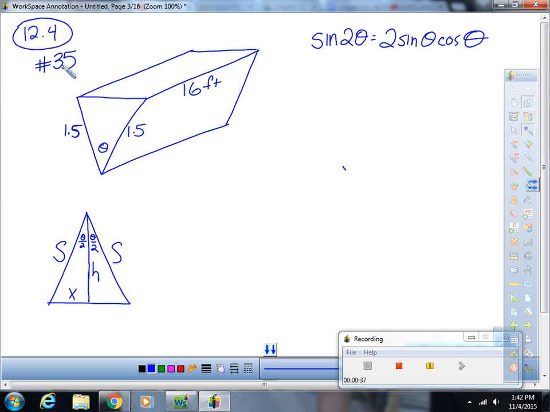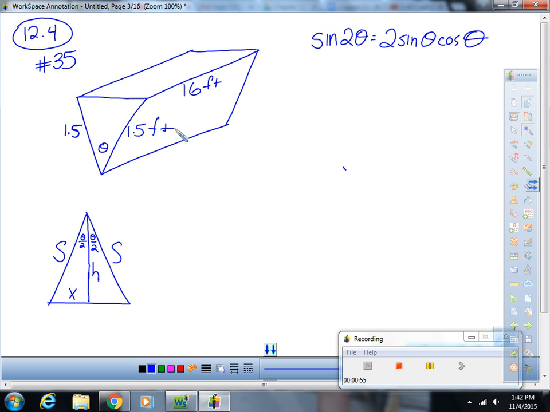So we have converted those inches into 1.5 feet, okay? The angle between the two sides is theta. Part A, express the volume of the trough as a function of theta and find the value of theta so that the volume is maximized.